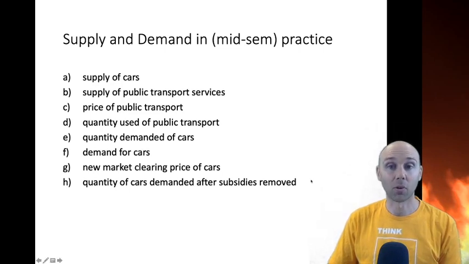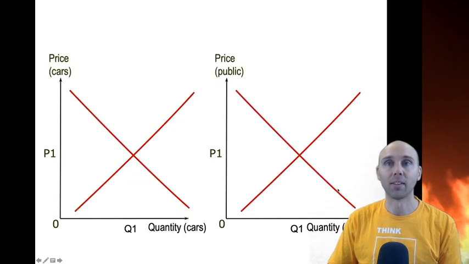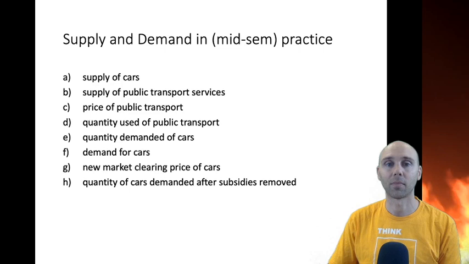Now, those are a lot of questions. You'd want to draw graphs that look like this. I will leave you to think about this. So pause this video now and then we'll come back and look at the answers.